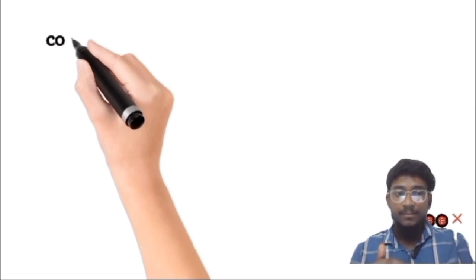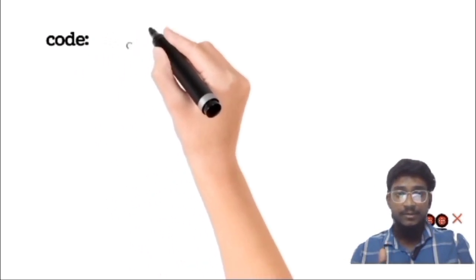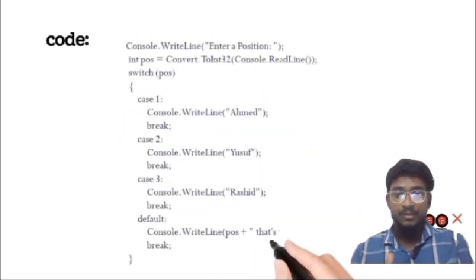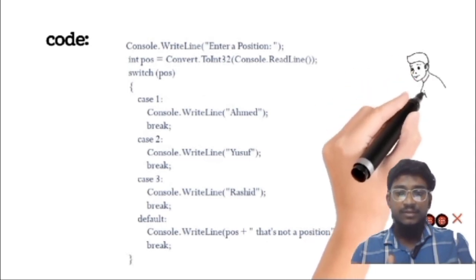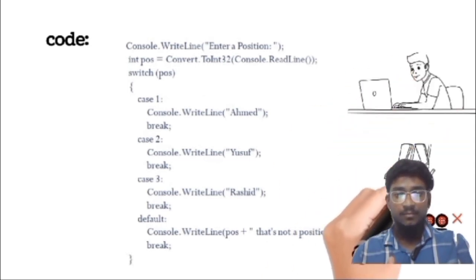Now we have an example code of a switch case statement in C#. The explanation is very simple. First, we write Console.WriteLine in order to get the input from the user, which is in the form of a string. So we convert it into an integer.